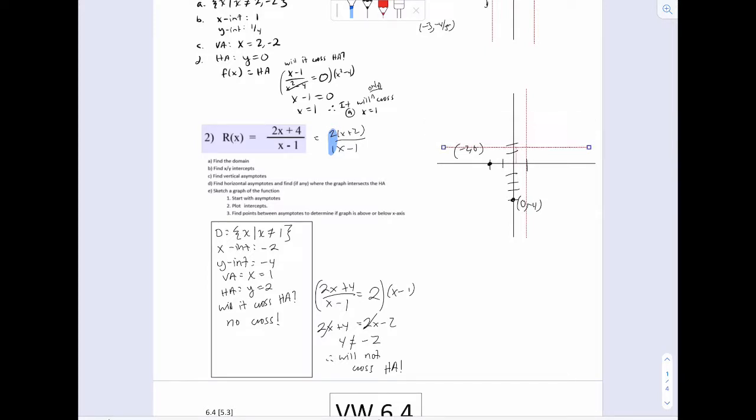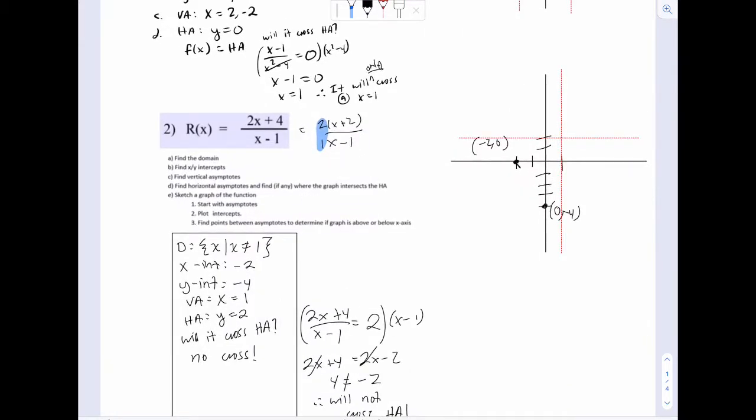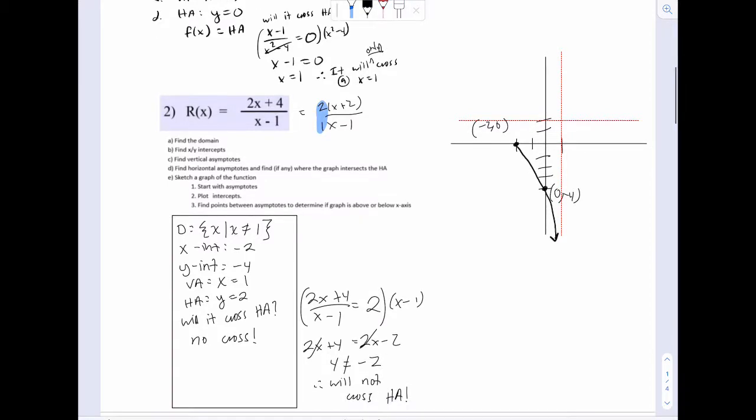Put those down. And now let's connect our lines. So I know these are going to connect here. I can't cross my vertical. And again, this is very valuable information right here, this whole thing. You can't cross your horizontal, so this is just going to approach it like so.